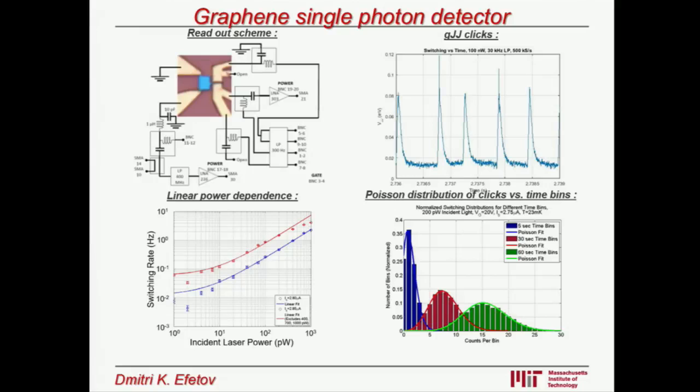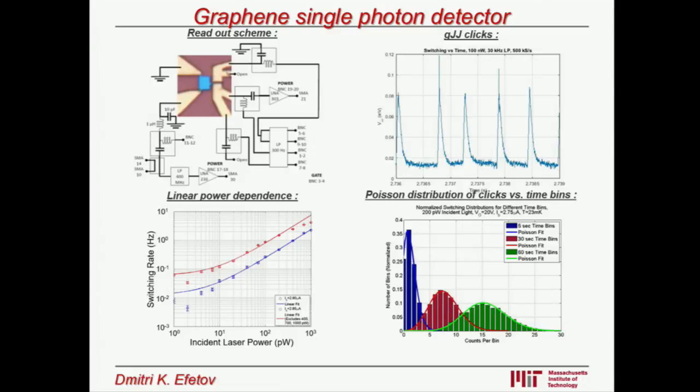So we started thinking, what can we do with those single clicks? We can look at the rate of those single clicks, how often they occur as a function of laser power. We can start at really low laser powers and get a click per hour, and then see how many more clicks we get if we increase the laser power. The interesting thing, which tells us that it's a single event, is that the power dependence of the switching rate of this Josephson junction is linear.